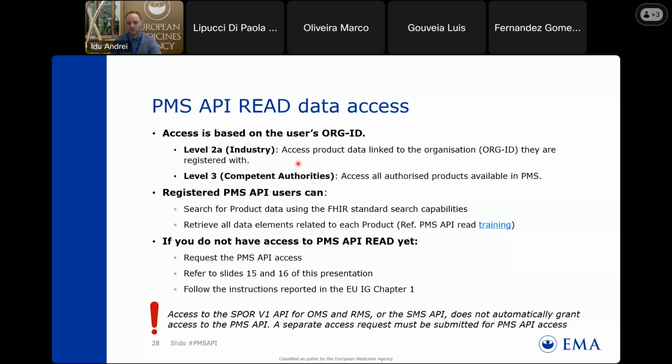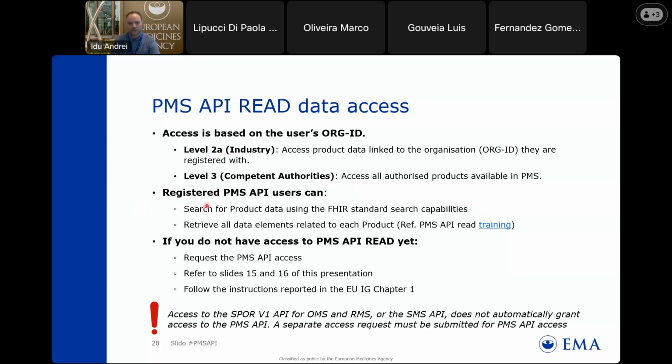Industry users are able to see the product data that their organization is the marketing authorization holder of, so a limited number of products in scope for their organization, and national competent authorities will be able to access all the product data that we have in PMS.